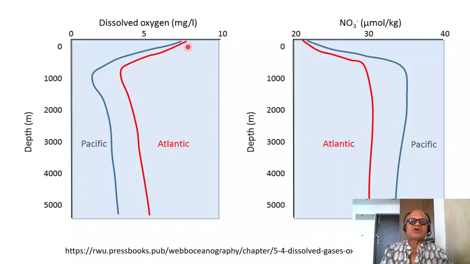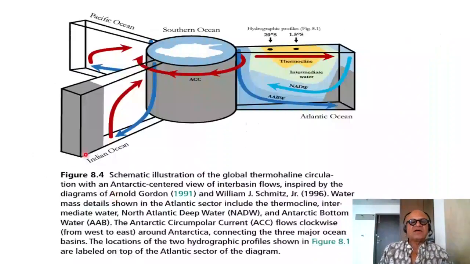But clearly the oxygen in the Atlantic is much higher than the oxygen in the North Pacific, because the deep water that's sinking brings high oxygen from near the surface to about 1 kilometer here, and it's higher all the way to the bottom because the sinking water has higher oxygen, and it is that high oxygen that is also bringing increasing oxygen with depth in the Pacific, because the thermohaline circulation is feeding that.